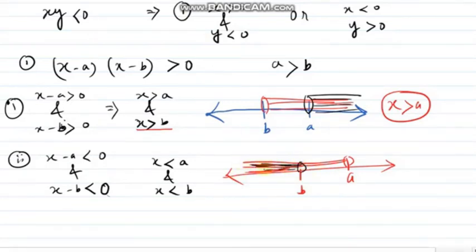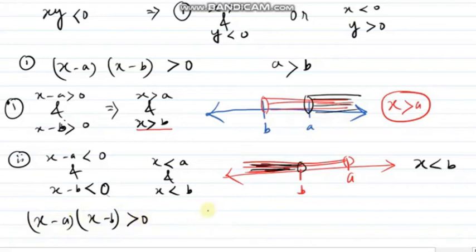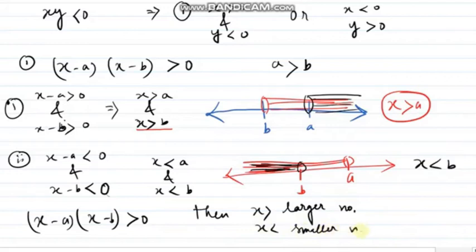So what is the common part? That is x less than b, right? So the common part is x less than b. So we will remember this: if (x minus a) into (x minus b) is greater than 0, then x is greater than the larger number or x is less than the smaller number.